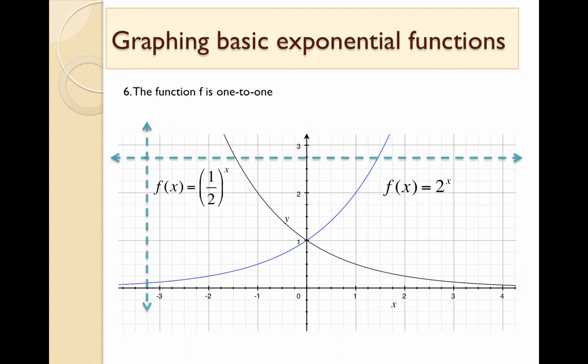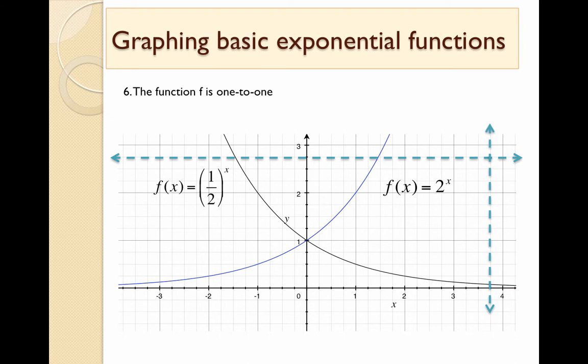And finally, the function is one-to-one. So let's remember what one-to-one means. In fact, let's look at the two tests. The first test, recall the vertical line test. The vertical line test tells you whether or not you have a function. So as you move a vertical line from left to right across the curve, it should not touch the curve in more than one place. So if that's true, we have a function.